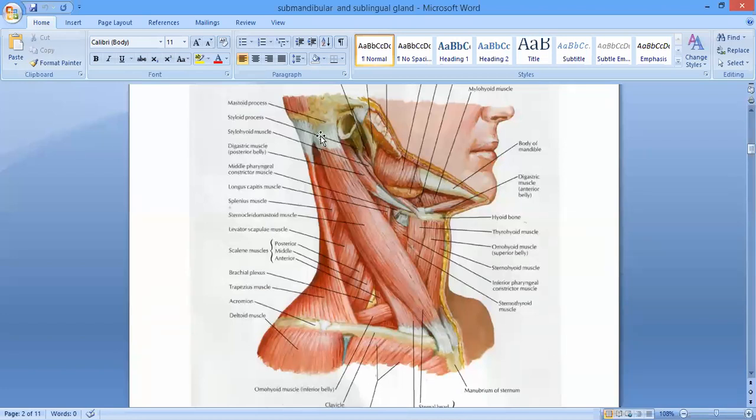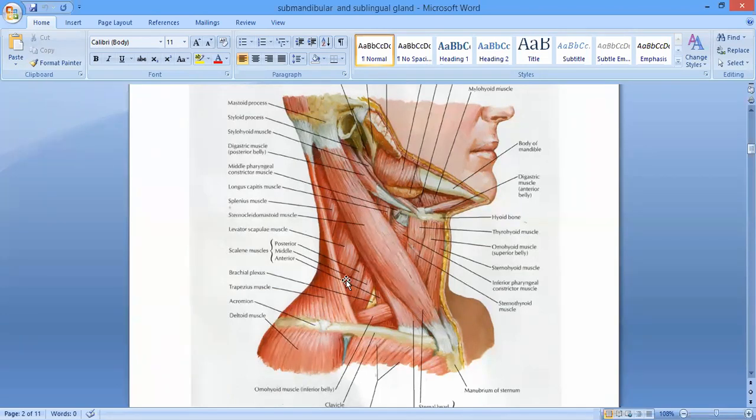If you have a side view of the neck, you can see a quadrilateral area extending from the mastoid process. If you draw a line from the mastoid process up to the chin, that is the upper boundary, and then the midline, right? And then below here we have the clavicle, right?